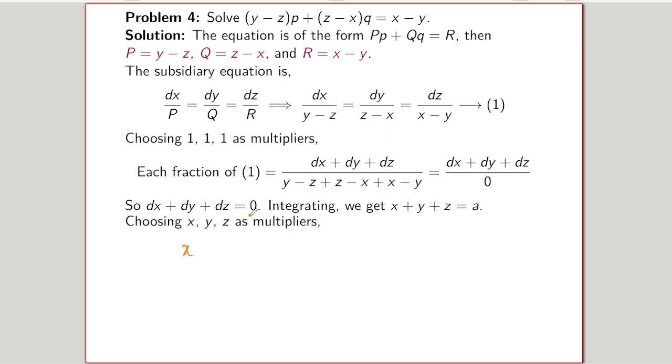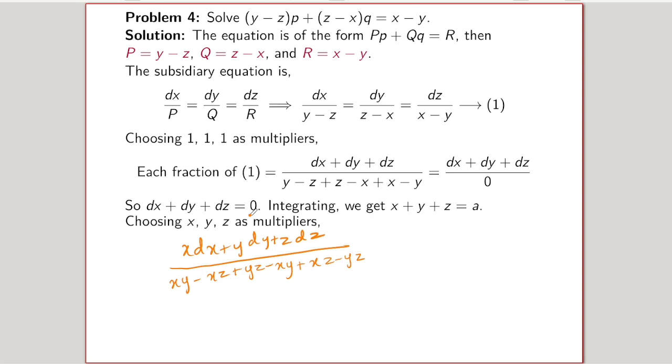So the numerator will be x dx plus y dy plus z dz divided by, straight away I'm going to multiply that. So it is xy minus xz plus yz minus xy plus xz minus yz.